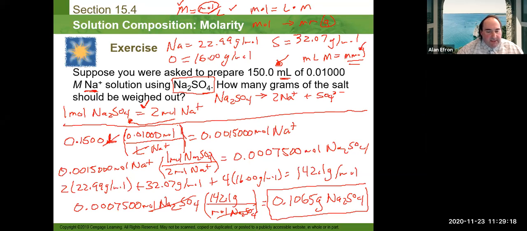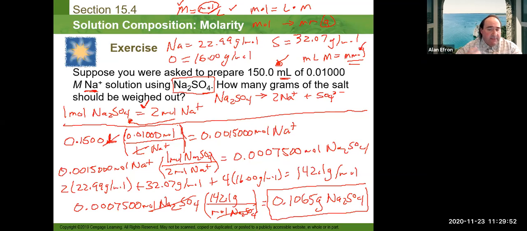Any questions on that calculation, where any numbers come from, where we got any relationships from, or anything like that? So again, what this means in reality is if you were going to try to make this solution that has a concentration of 0.01 molar in sodium ions floating around in there, you would need to scoop out about 0.1065 grams of sodium sulfate, and dissolve it in enough water to make a total solution that's 150 milliliters.